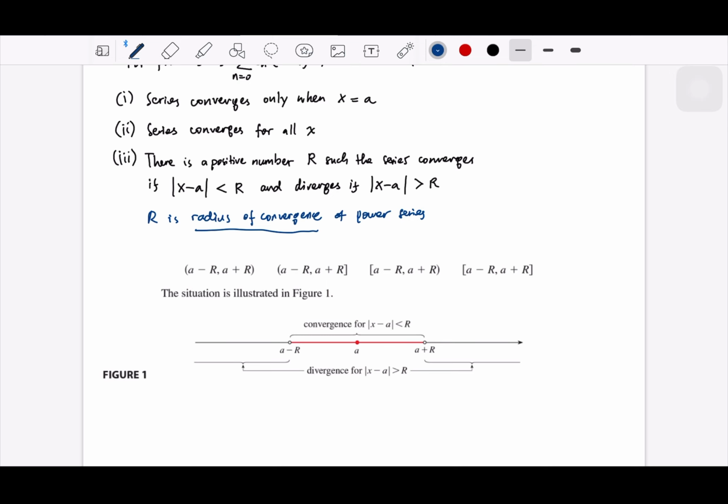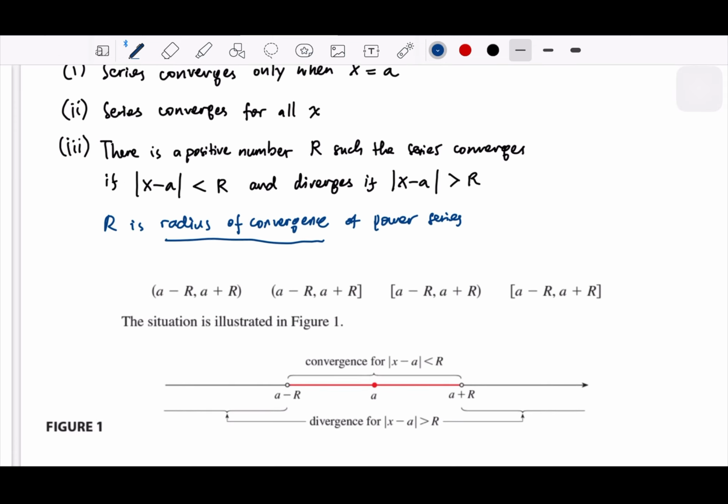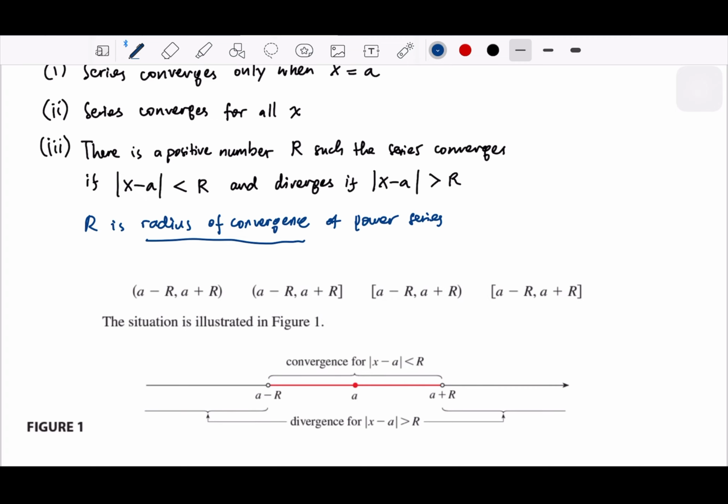So when we deal with R, the radius of convergence, we have the interval. The interval is the total range we are going to observe. The radius is just the distance.